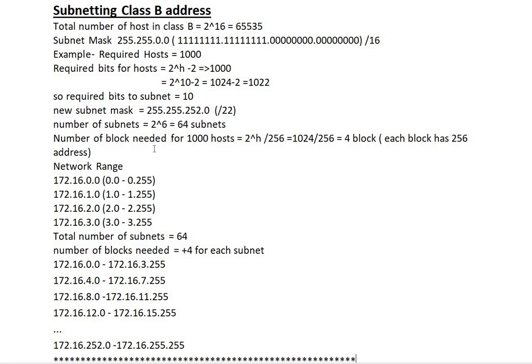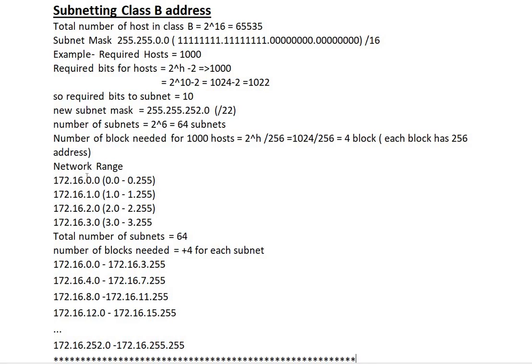Up to this point it is clear how many bits we need for host representation and how many bits remain for the network. Using the host bits, we know how many hosts we have in the same network, what the new subnet mask is, and how many subnets we get after this subnetting. The next thing is how to write the address. This is a bit different from a Class C address, because there we have only one block, and here we have more blocks.